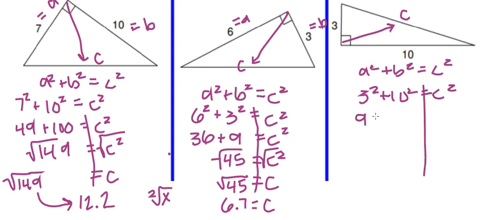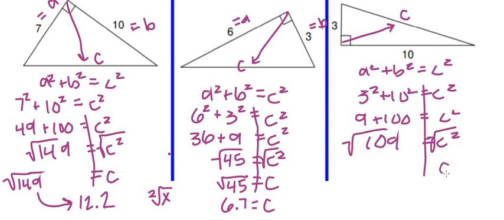It's going to give me 9 plus 100 is equal to c squared. 109 is equal to c squared. All right, so now I'm going to take the square root, and I get that c is equal to the square root of 109.